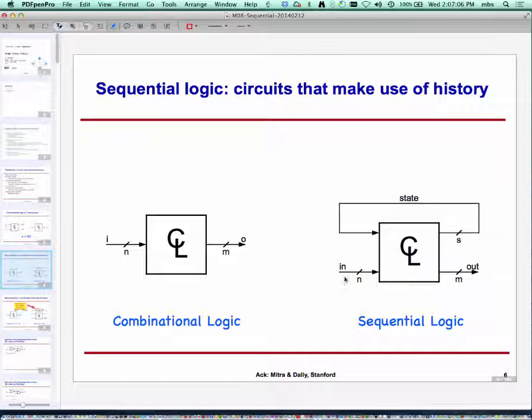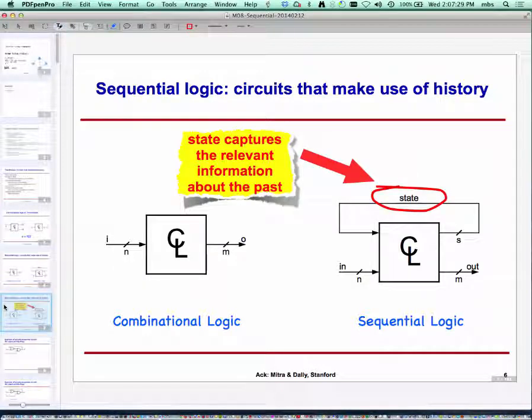As we see new inputs, new memories are formed, and that goes into the state. So sequential logic will always have this kind of feedback, some sort of a loop in the circuit. Just having a loop doesn't necessarily make it sequential, but a sequential logic will have a loop. Okay, so it's just a one-way implication.